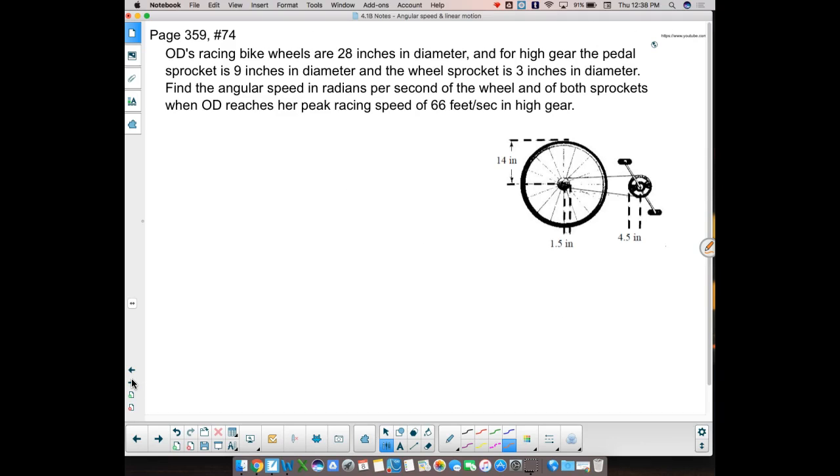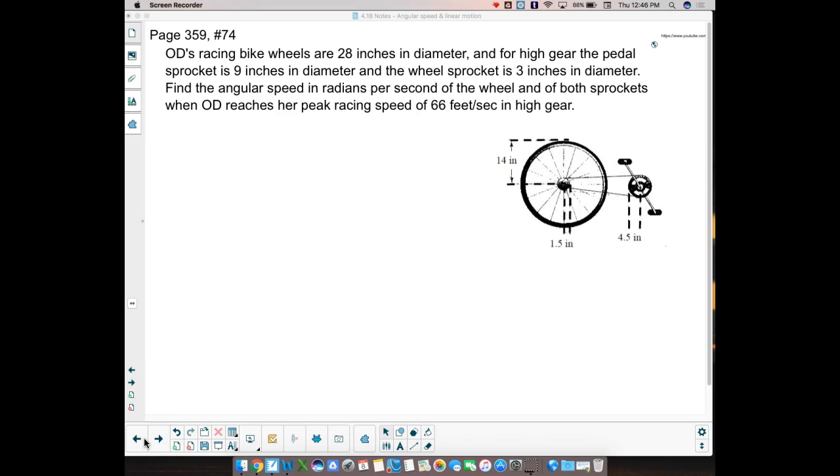I'm going to let you struggle with this one for a bit, then I'll pick it up. So, we got to start with a speed, right? We got to have revolutions per minute or radians per second or miles per hour or something like that. What's the one speed we have?